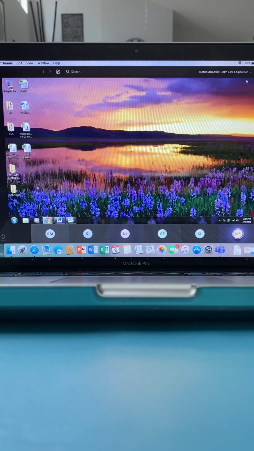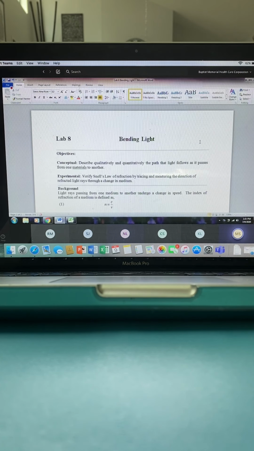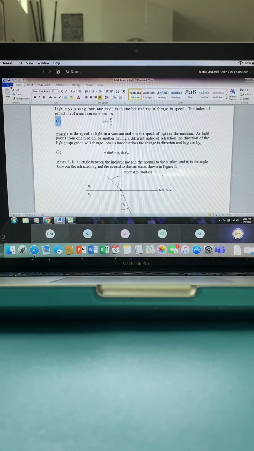So, when you write the theory, go back to the handout that I gave you, right? First of all, equation 1, you need to explain a little bit. So what is index of refraction? And then try to talk about Snell's law. So this is your Snell's law, equation number 2.